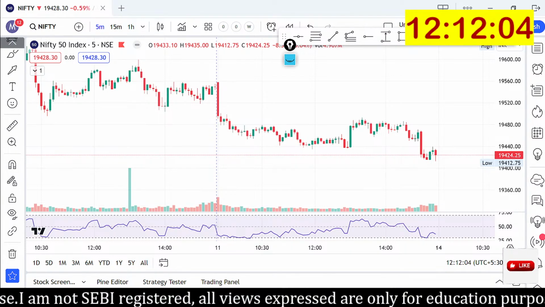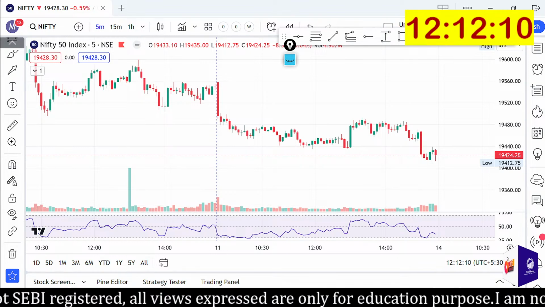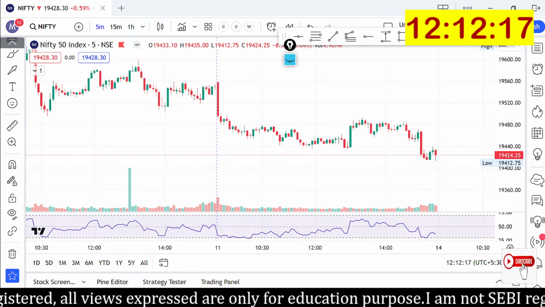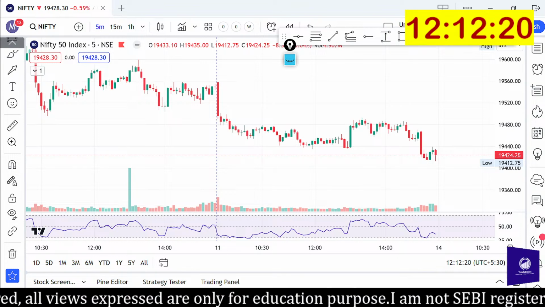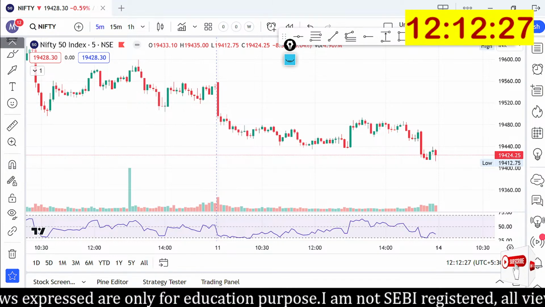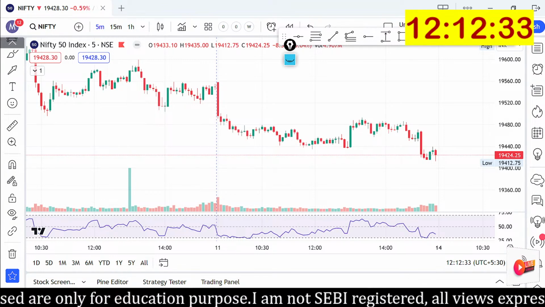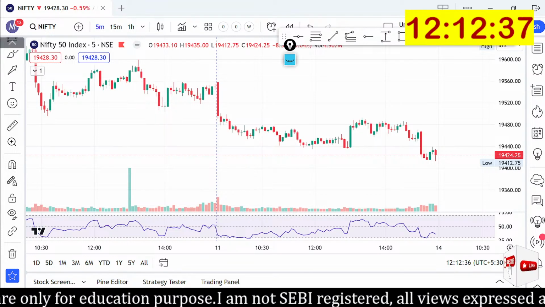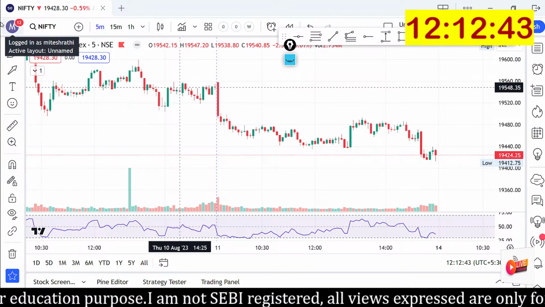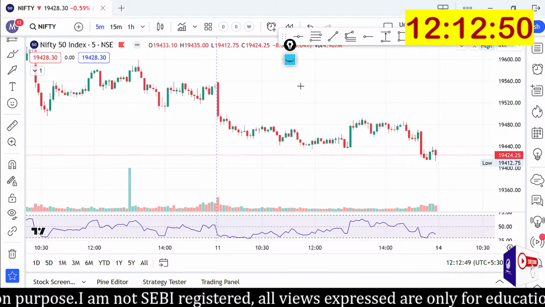What could be the important things for price action? Okay, support, resistance and fib levels.